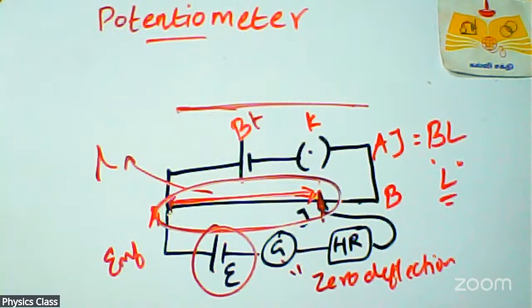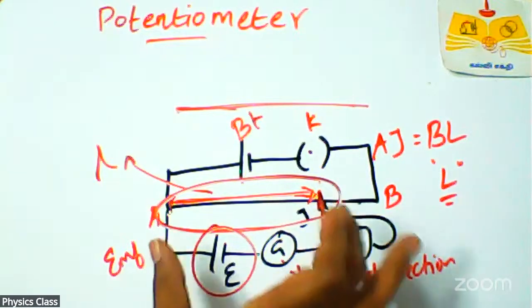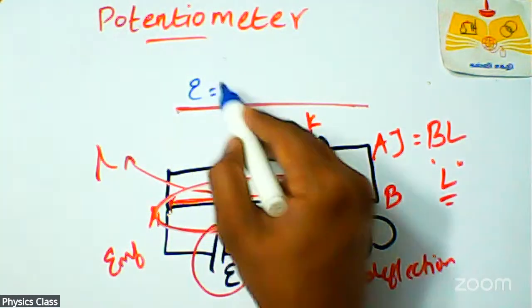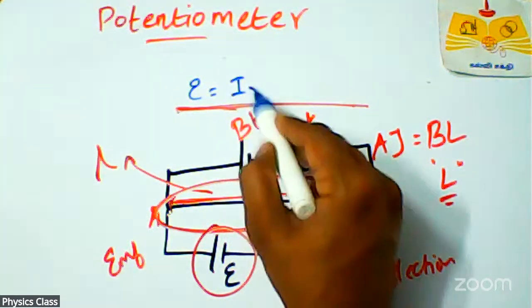The potential difference across A and J is equal to the EMF, as I already told you. So the EMF is equal to IRL.